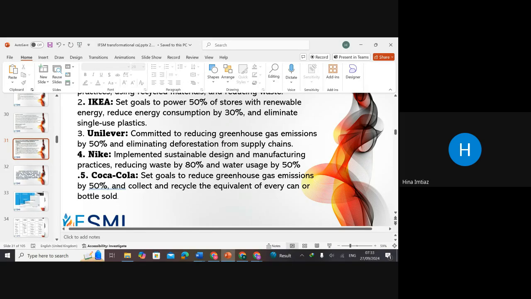Next we have Coca-Cola. What they do for the environment, they set goals to reduce greenhouse gas emissions by 50% and collect and recycle the equivalent of every can and bottle sold.